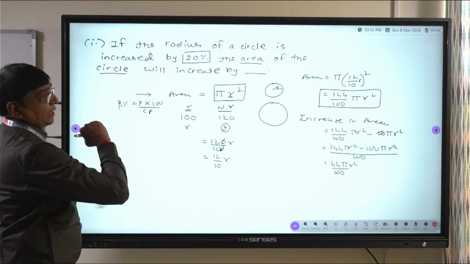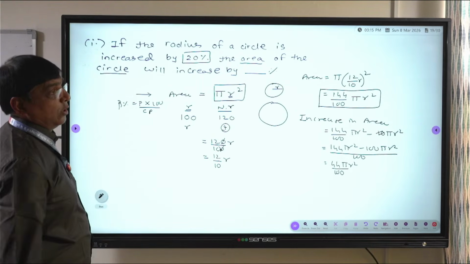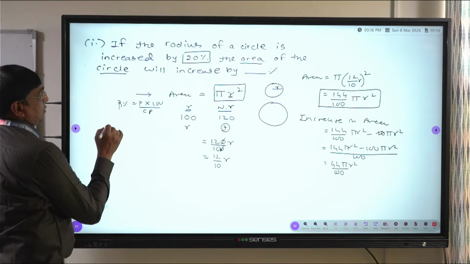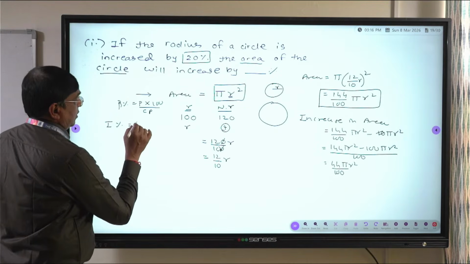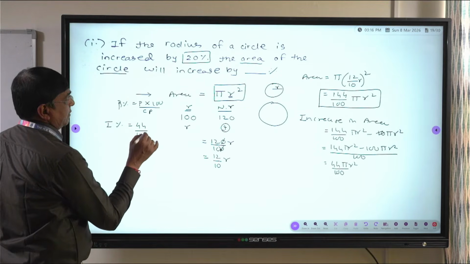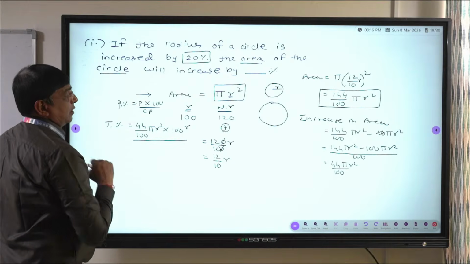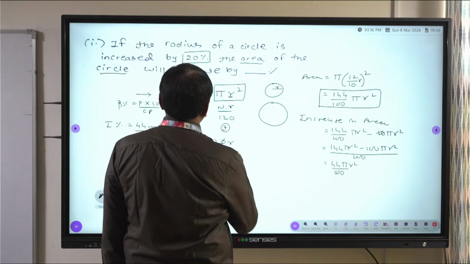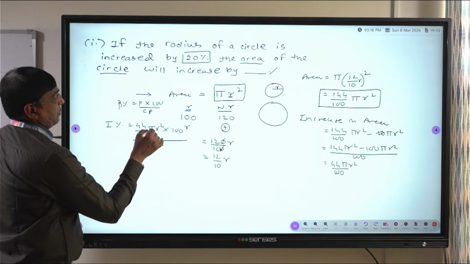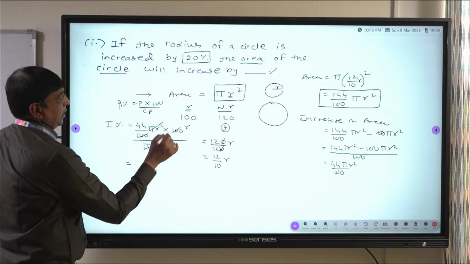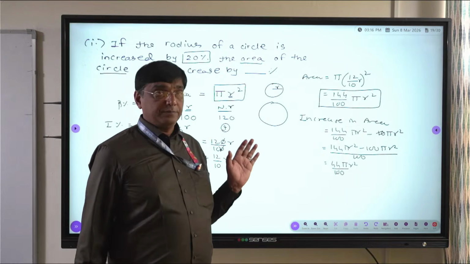So increase percent equals, like profit, the area increased by 44 by 100 pi r square, into 100 upon the original area, the CP. The original area is pi r square. Pi r square cancels, 100 cancels. The area increase is 44%.